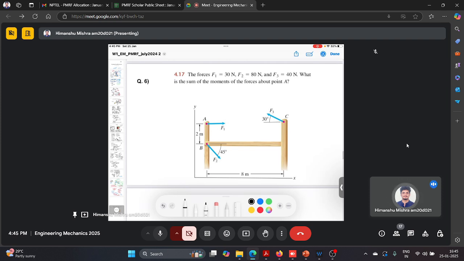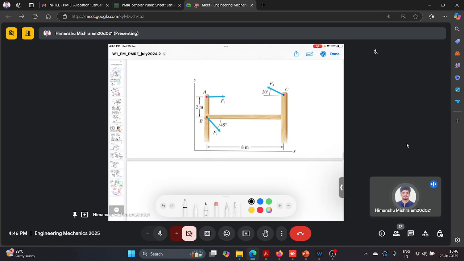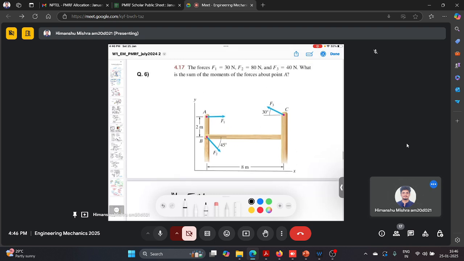So in this problem, since we are given multiple forces in random directions, determining the direction of the moment is very important, because when we use the Varignon theorem, which says that the moment at a random point O is the summation of moments from all the forces, this summation contains moments in both directions. It contains positive moments, and it may contain negative moments. So you need to ensure the direction of moment first.